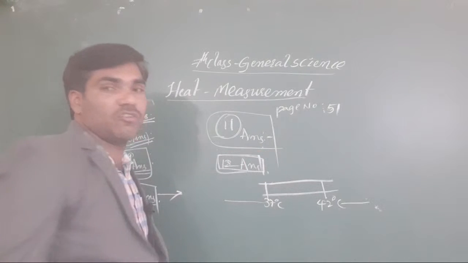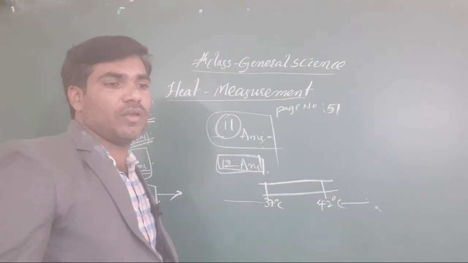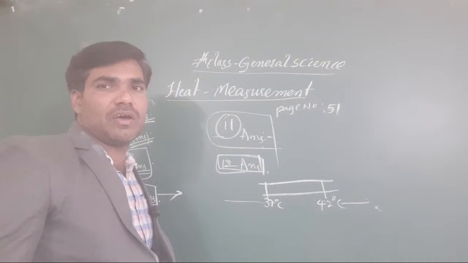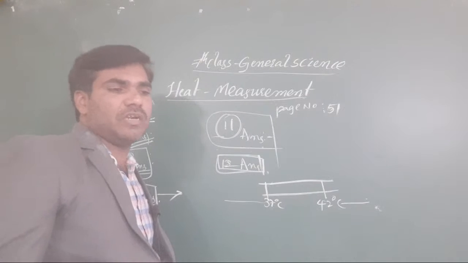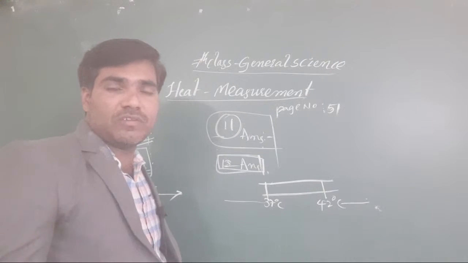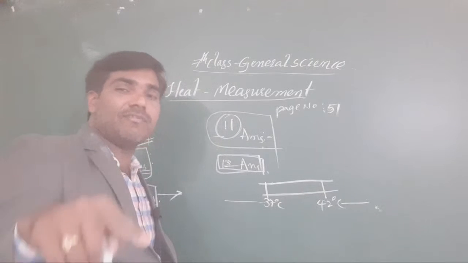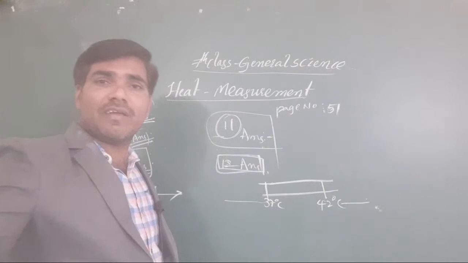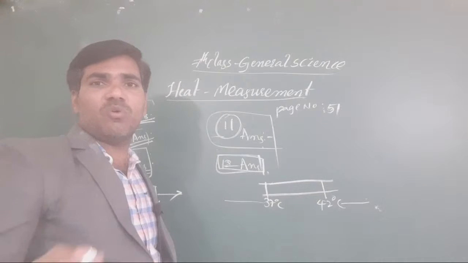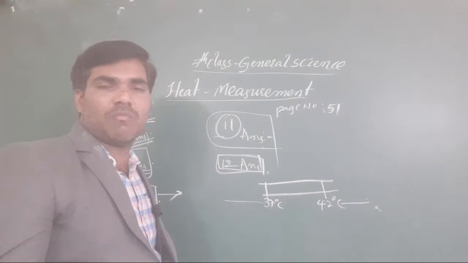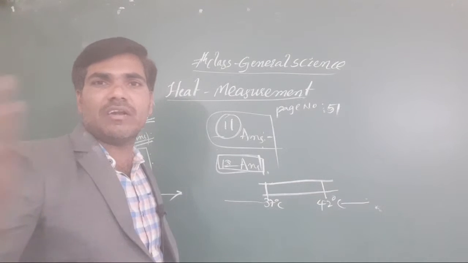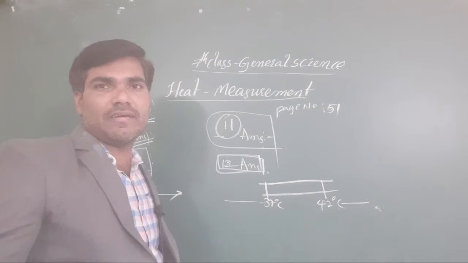Now, in the 12th answer, I hope you understood. Measuring only 27 degrees is not possible now, that's why you have to take it compulsorily. In the morning it may be 15 only, and in the evening it may again be 15 only. So with a clinical thermometer, we cannot get the temperature throughout the day.